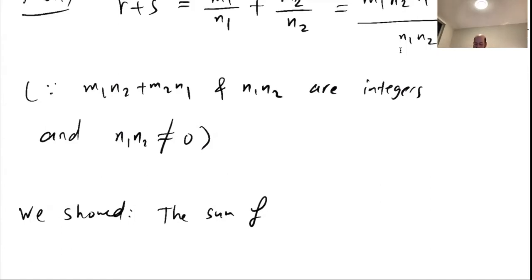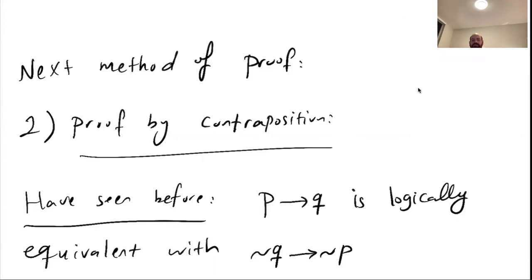What is the contrapositive of P implies Q? Negation Q implies negation P. Right? So P implies Q is logically equivalent with negation Q implies negation P. So what does that mean? That means instead of proving P implies Q, we can prove negation Q implies negation P because these are equivalent with each other. So instead of proving one, you can prove the other.